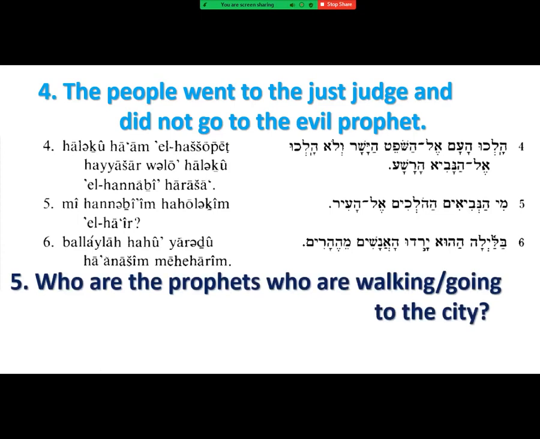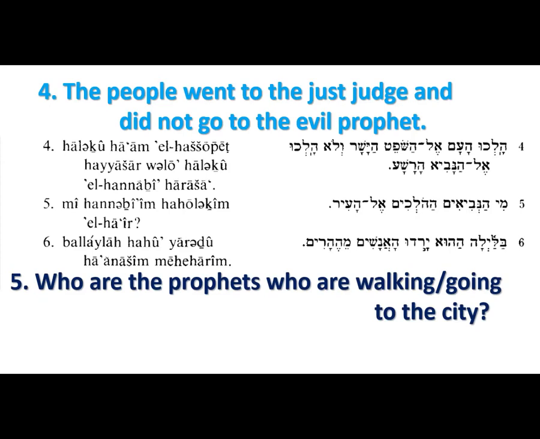Number 6. Balayla, in the night, Hahu, which means in that night. Okay, so in that night, Yardu, that's descended or fell down. They fell down or they descended. Ha'anakim, that's the men.